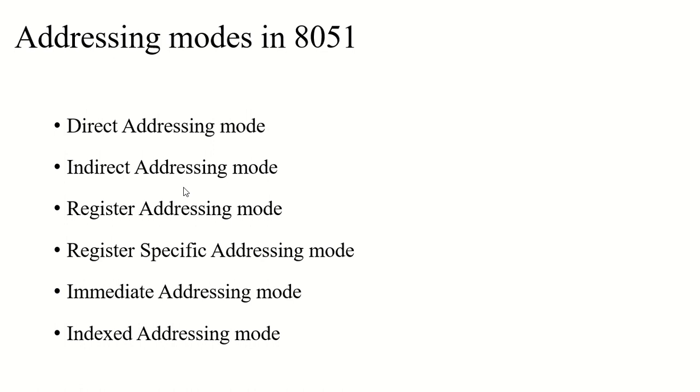Not the content of R1, but the content of the memory location whose address is specified in R1 of the selected bank, to my accumulator. So what we are doing here is indicating that register to act as a pointer.